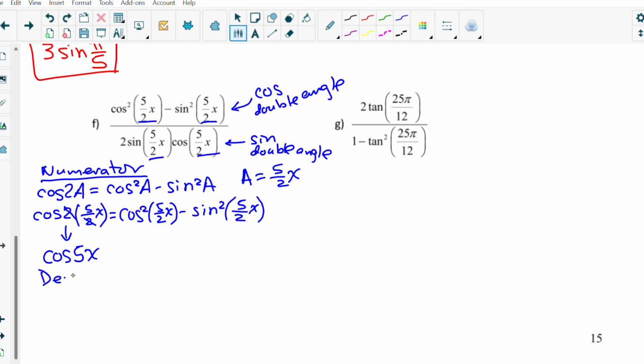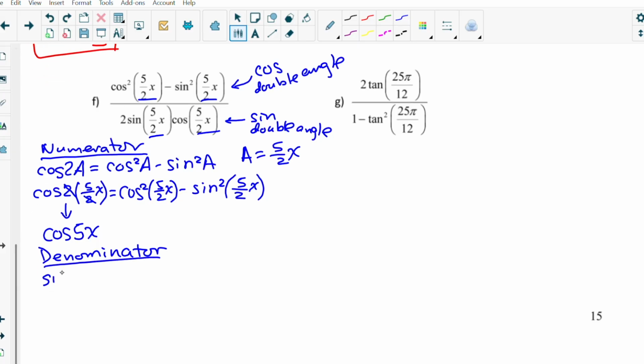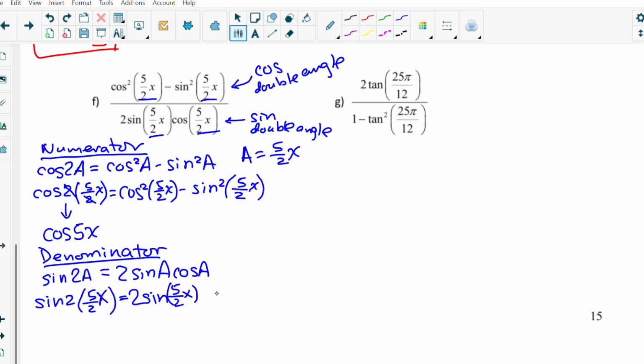Let's do the denominator. Like I said, that looks like the sine double angle identity. So in general, sine of 2a equals 2 sine of a cosine of a. The a value is 5/2 x, and that's equal to 2 sine of 5/2 x times cosine of 5/2 x.